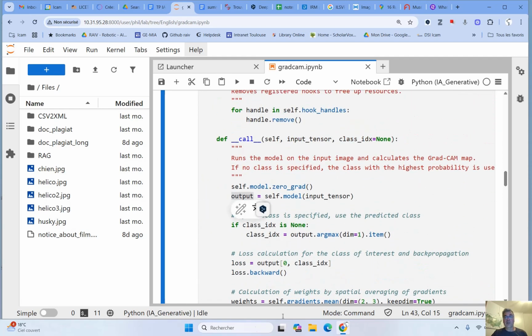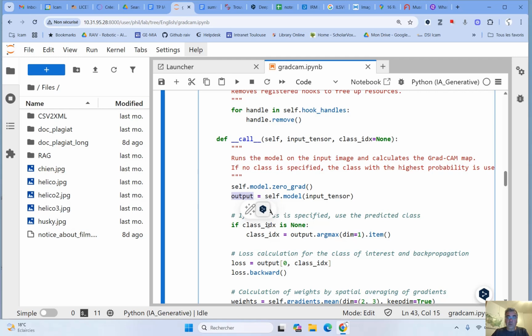In this function here, we have the model, the ResNet, and we send to this ResNet this input tensor. This input tensor corresponds to the input image of the golden retriever, and as an output, we get the probabilities for all of the 1000 classes, which correspond to all the classes of the images in ImageNet.